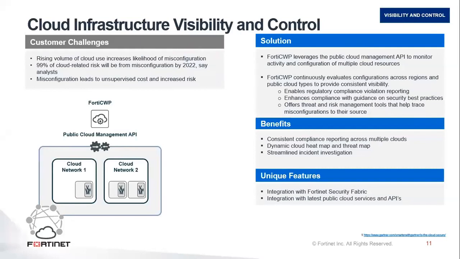With the increase in public cloud use, the likelihood of misconfiguration also rises, leading to the majority of cloud-related risk and exposure. FortiCWP, which is cloud workload protection, solves this problem by leveraging the API of the public cloud to monitor activity and configuration, and it continuously evaluates the configuration.